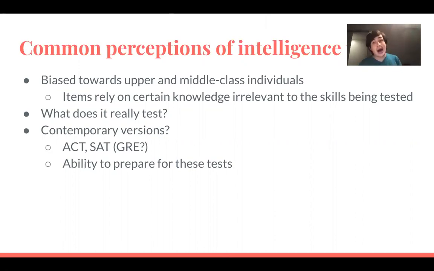One of them is bias, socioeconomic bias, which I'm going to talk about later on, and also English language bias, or whatever language the test is in. You can imagine if you were an English language learner who had a pretty good command of the language, but you weren't perfect. There was some vocabulary you didn't know because it's your second language.